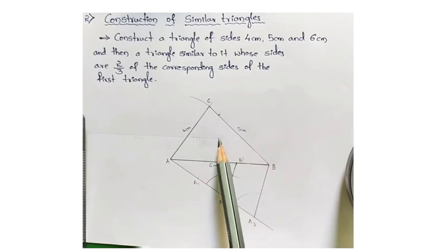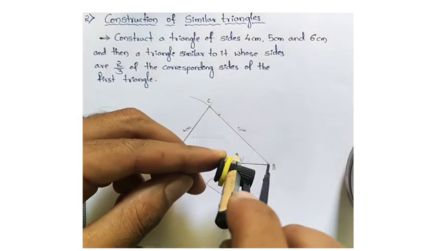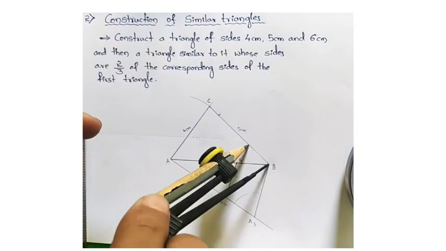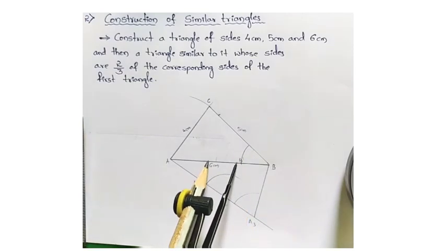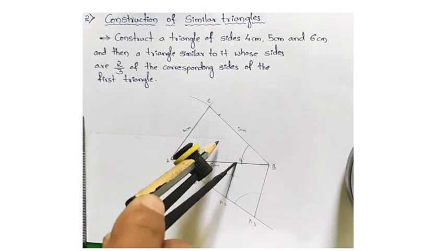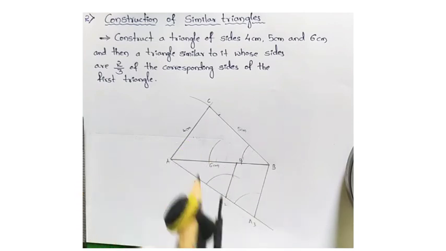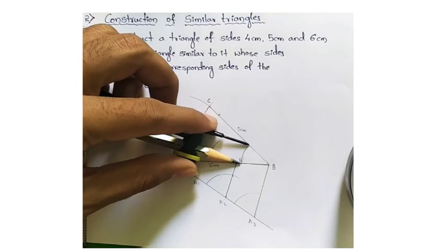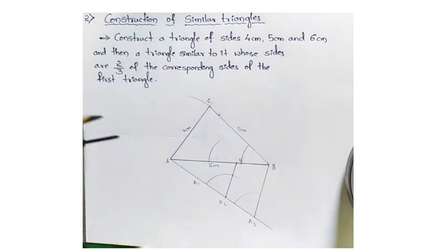AC. So for this what we have to do, again use the arc method, taking one arc from B. Okay, without changing, take the same arc from B dash, now measure that arc, okay, now cut the second arc.